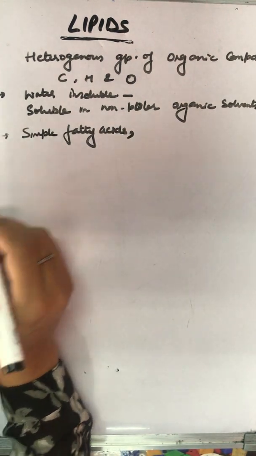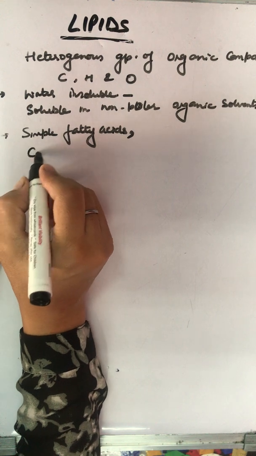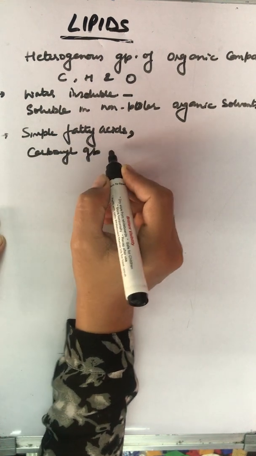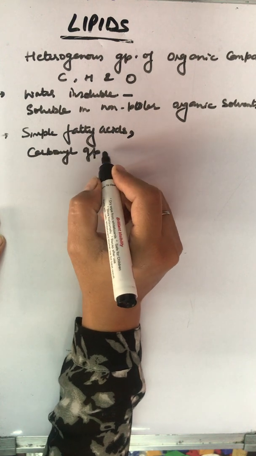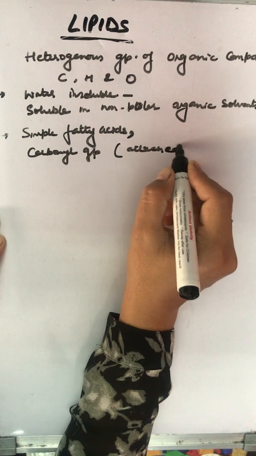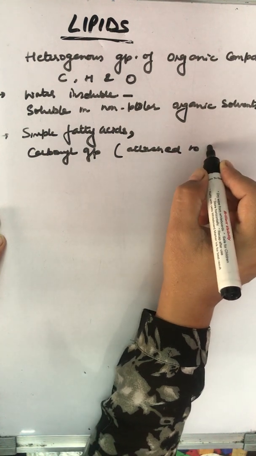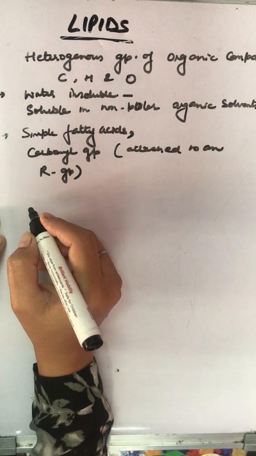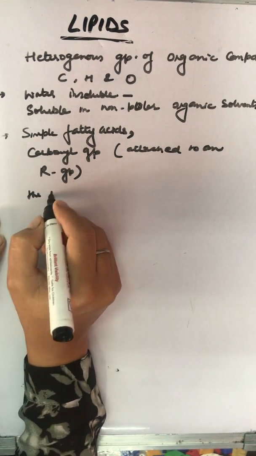simple fatty acid which has a carboxyl group. Where is it attached? This carboxyl group is attached to an R group. That means the alkyl chain. Then the R group.